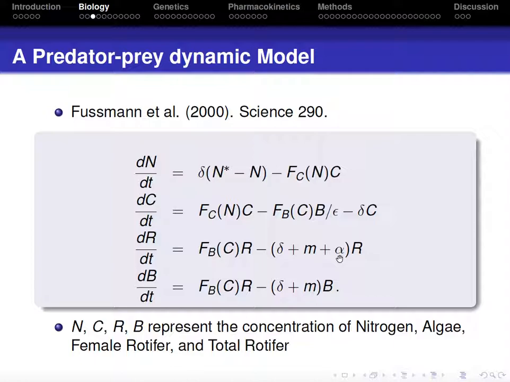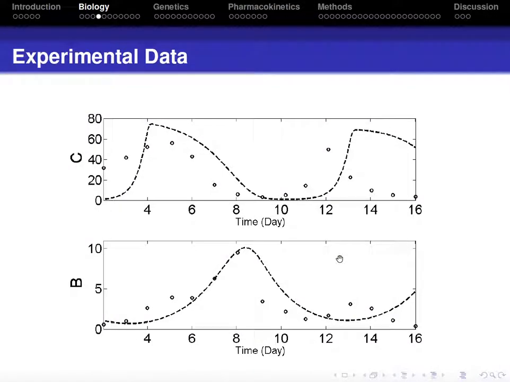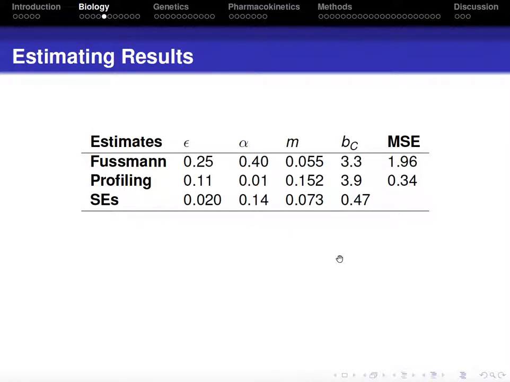So in other words, we may be able to estimate the values of these parameters to improve the fit of the model to the data, right? So the goal here is that we want to estimate the values of these parameters such that the model solution can fit the data. So here, the first row represents the values given in the Fussmann paper for these 4 parameters in the ODE.